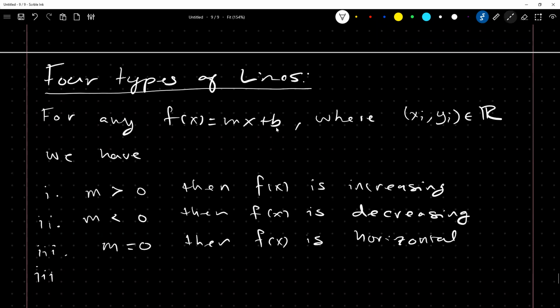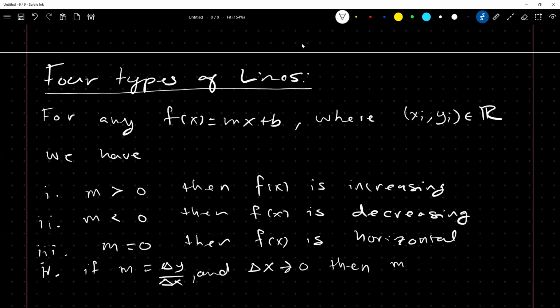We don't really have the language at this point to adequately describe this. But I can say if m equals delta y over delta x, and delta x is getting closer to 0, then m is getting closer to infinity.